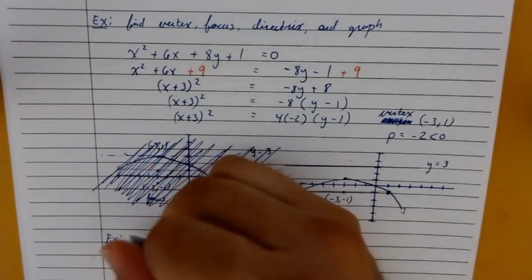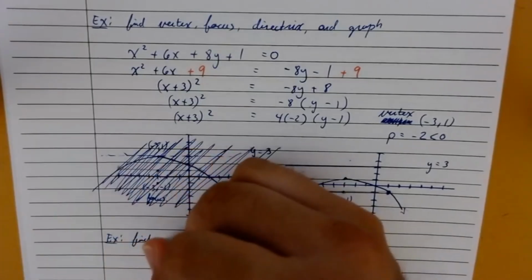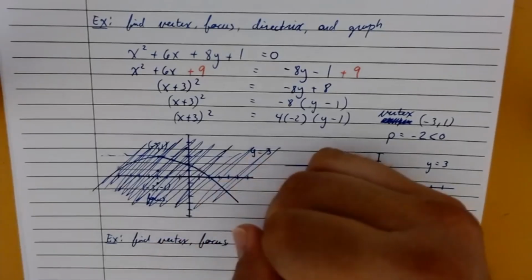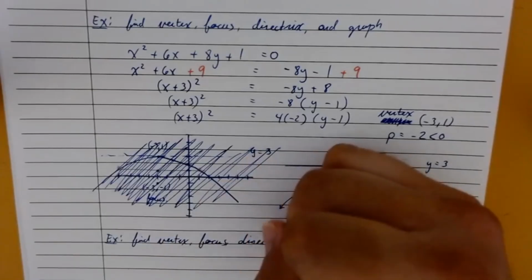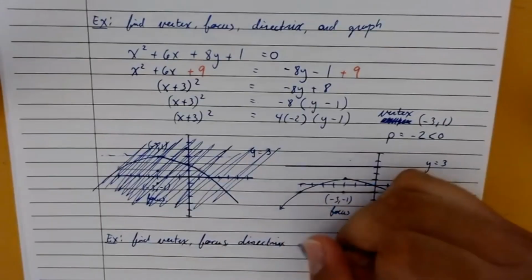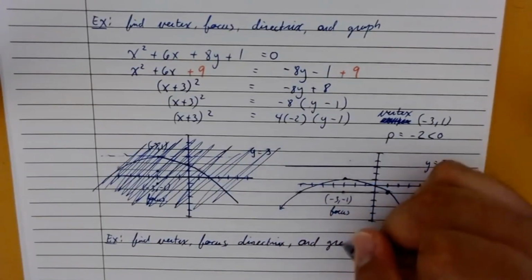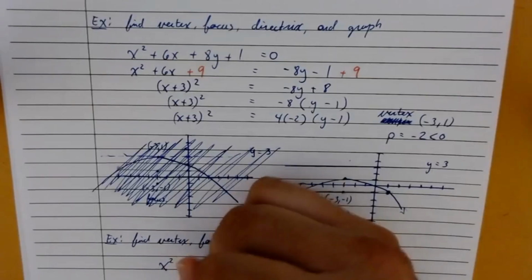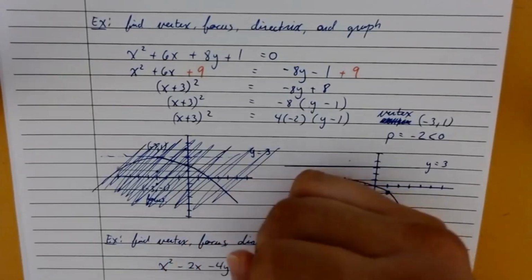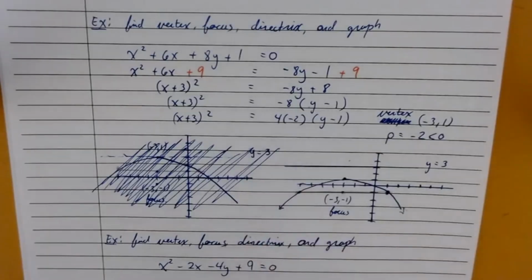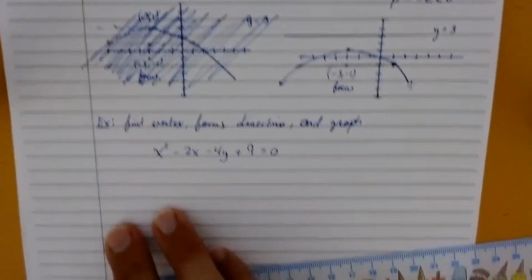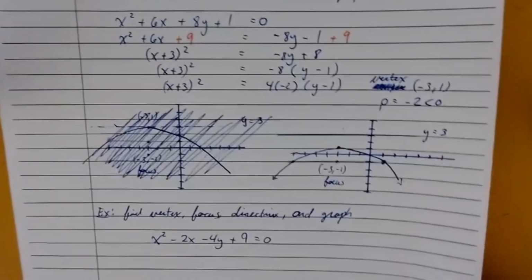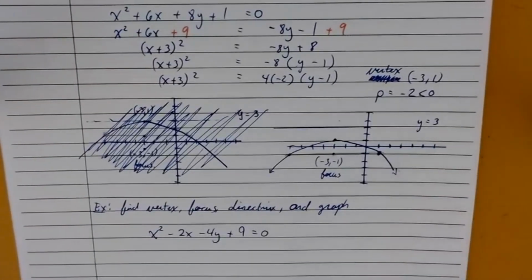Go ahead and find the vertex, the focus, the directrix, and then graph. x squared minus 2x minus 4y plus 9 equals 0. Go ahead and pause the video, give yourself the time that you need, and once you are done, you can go ahead and unpause the video and we can go through it together.